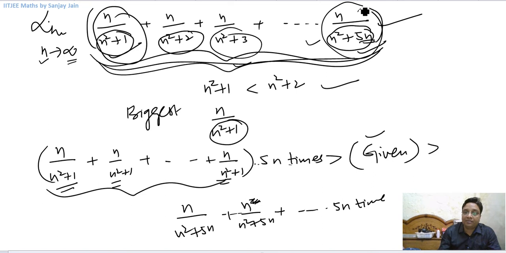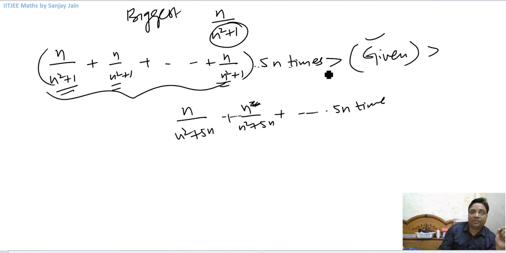Why? Because this is the smallest term, so this term is lesser than this term, is lesser than this term. So if I add this term 5n times, the sum will definitely be lesser than the given expression. So now I have got two functions, one which is bigger than the given function, and one which is lesser than the given function.